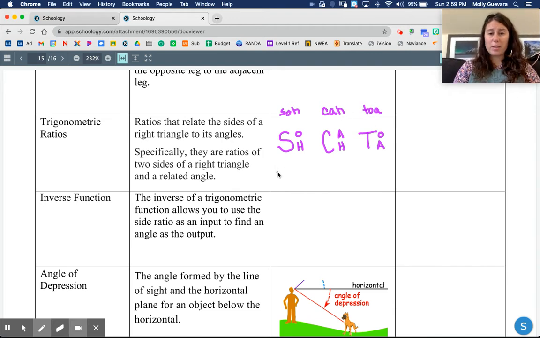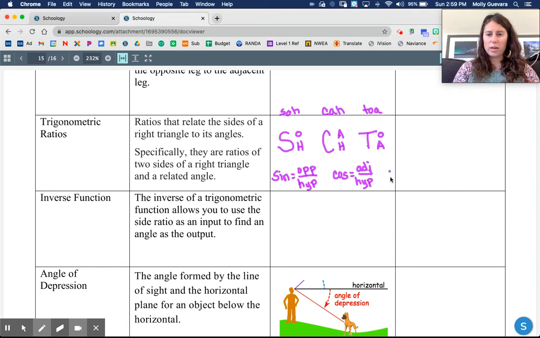And it helps you remember that sine is equal to O over H, opposite over hypotenuse, right? And then it helps you remember that cosine is equal to A over H, so adjacent over hypotenuse.